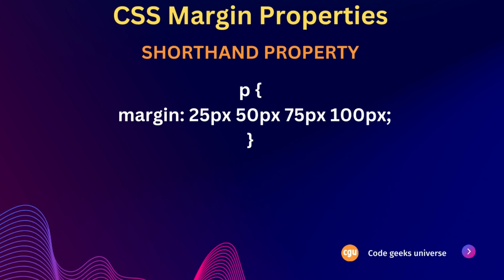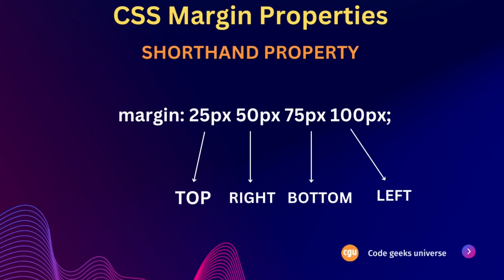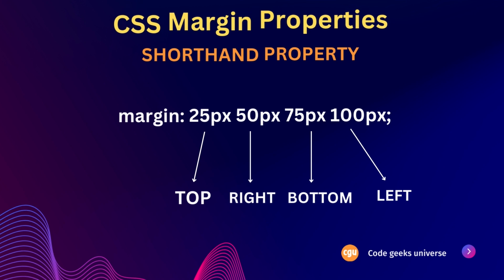Now, if you want to make your code shorter, you can use a shorthand property to specify all the margin properties at once. The margin property combines several individual margin properties into one, making your code more concise and efficient. When using the margin property with 4 values, each value represents the margin for the top, right, bottom and left sides respectively.